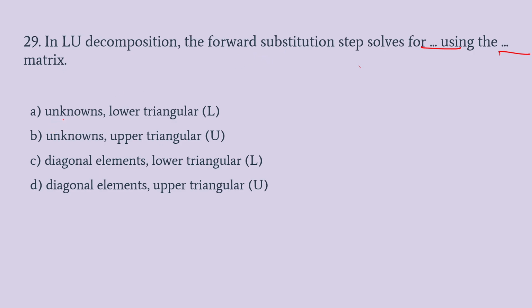The answer pairs are option A, unknowns using the lower triangular matrix. Option B, unknowns for the upper triangular matrix. Option C, diagonal elements using the lower triangular matrix. Option D, diagonal elements for the upper triangular matrix. You can inbox your answers.